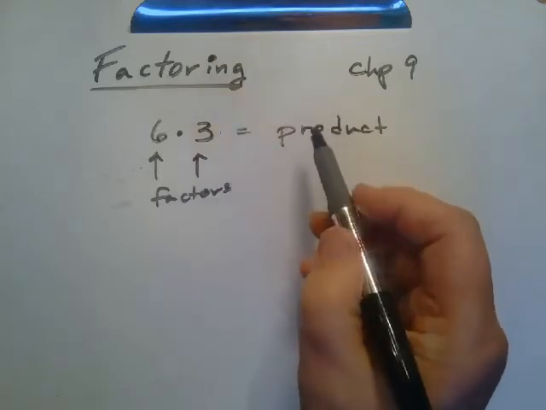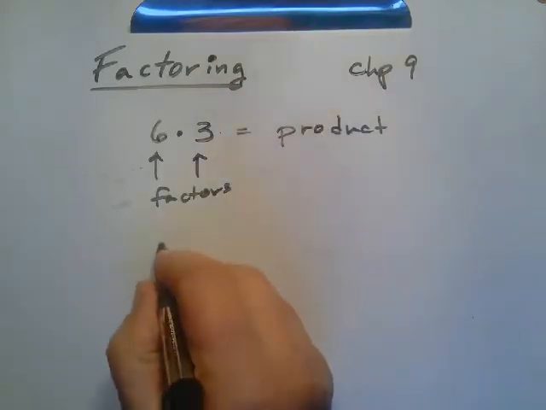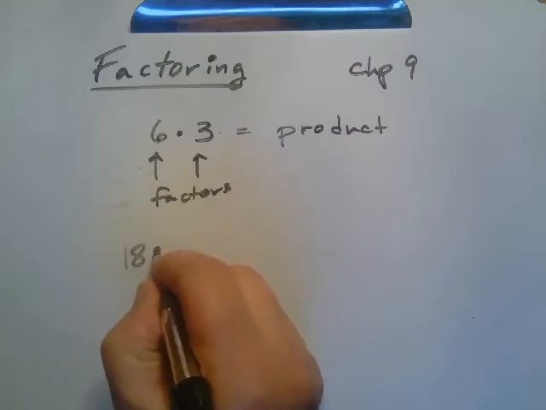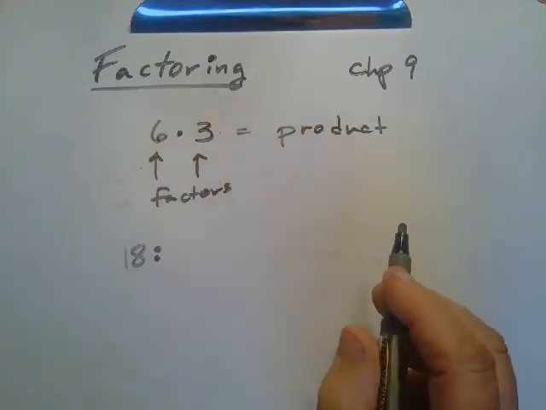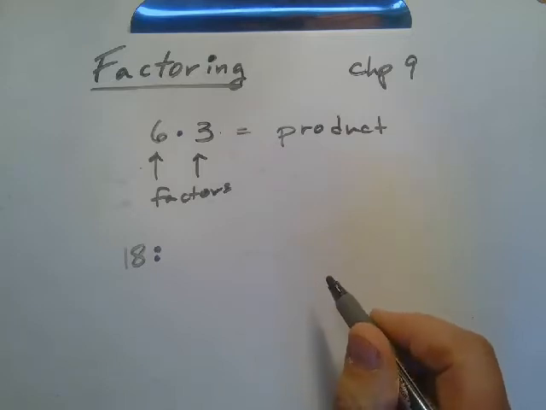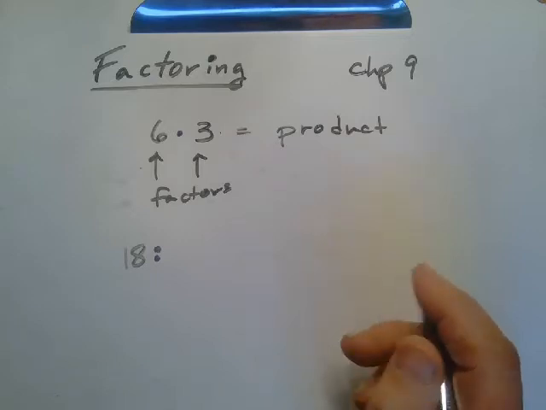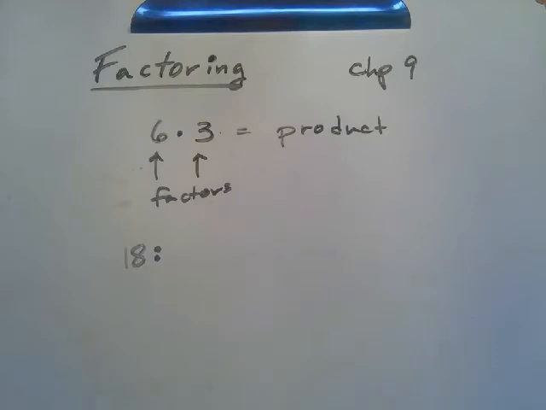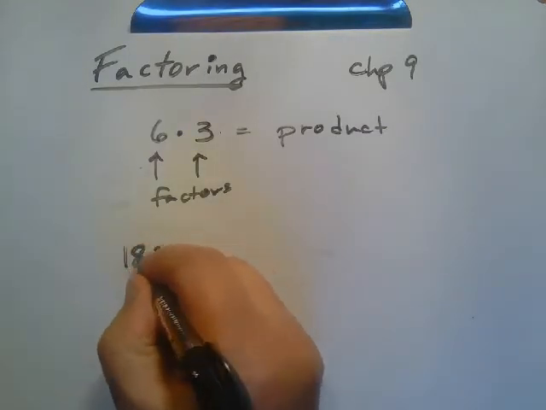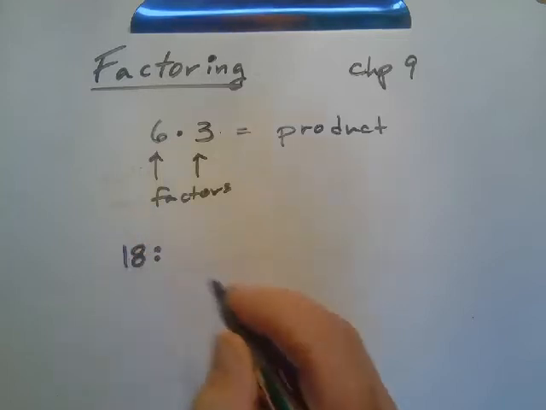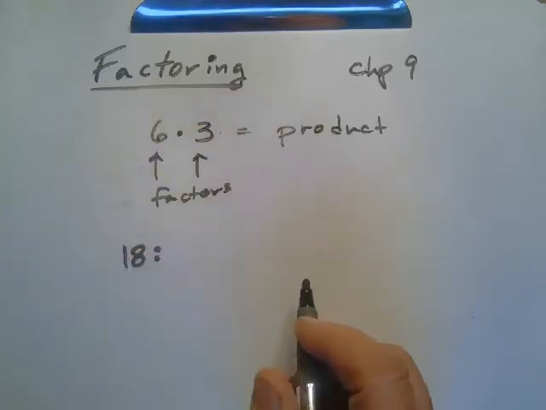That means kind of working backwards. If I give you a number like 18 and ask you to find all the factors, you're basically going to be spending a lot of time dividing. We did this a couple weeks back, way back at the end of March, where we talked all about factoring. If you did not do those assignments back in March, you may have to go back and do those so you understand what we're doing here.